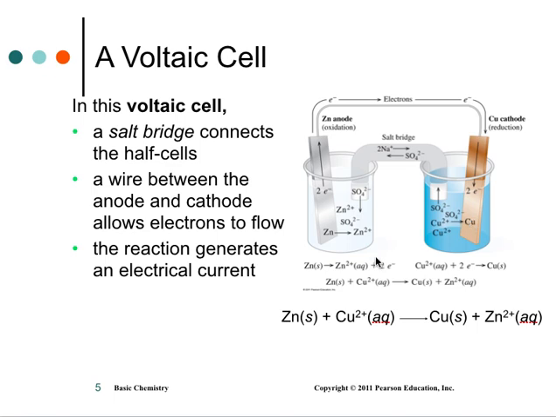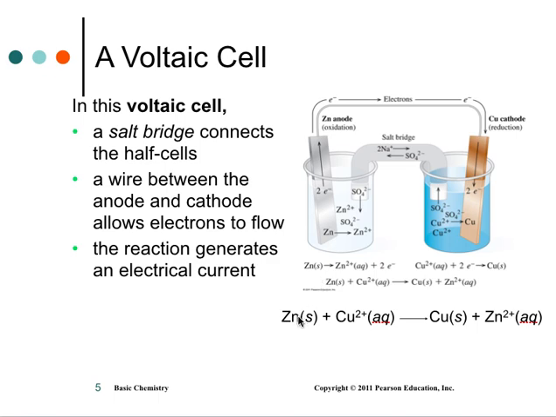Okay, so your overall equation is zinc metal plus copper 2 ion, that's found here, yields copper metal, that's going to be plated on this anode, and the zinc 2 plus, which is what's left over after the zinc disintegrates and comes into solution.